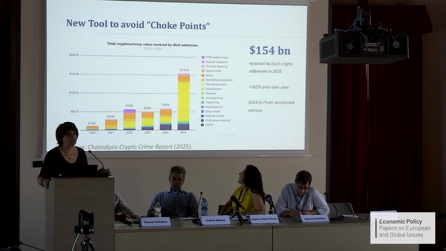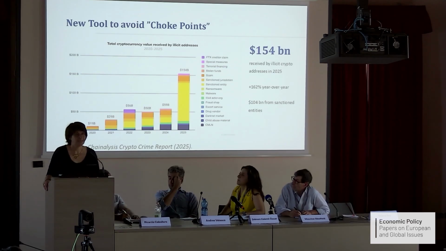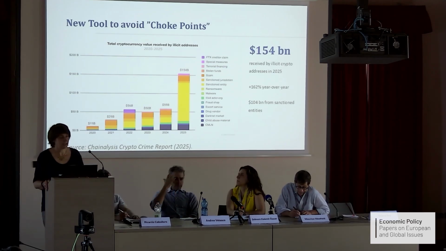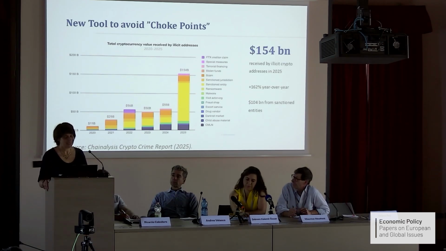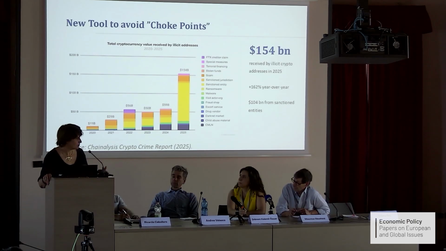This is sanctioned entities. So we see that sanctioned entities are finding ways of going around the traditional dollar payments by either using different currencies or using different instruments, such as cryptocurrencies here.